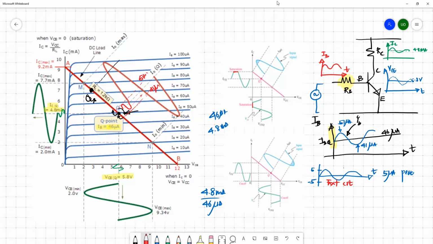Then what happens to the output? Your output is distorted. Your input signal is a pure sinusoid, but with that input signal and the Q point you place the transistor at, there is a high chance of moving the Q point to saturation once it comes to this block.